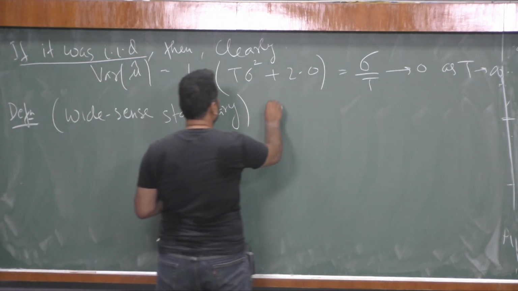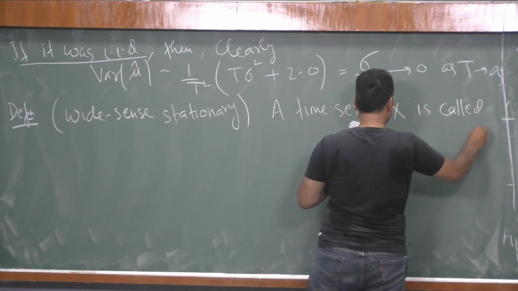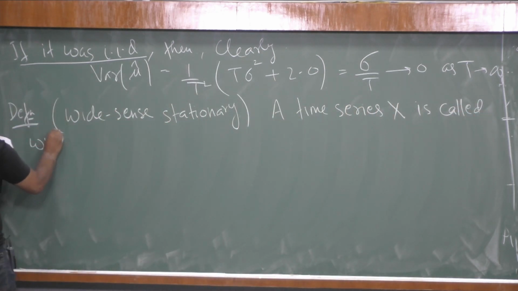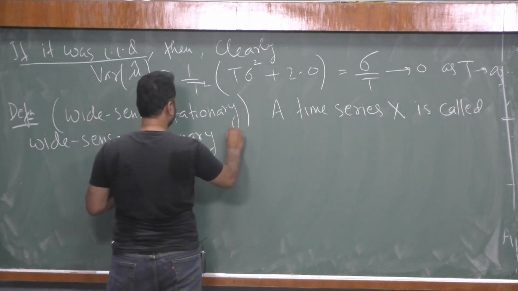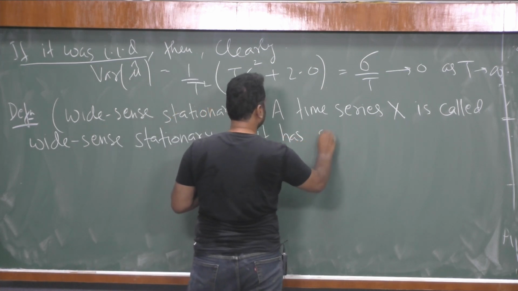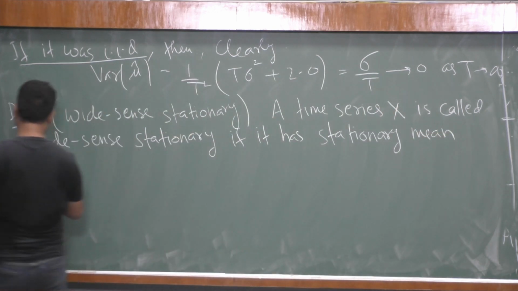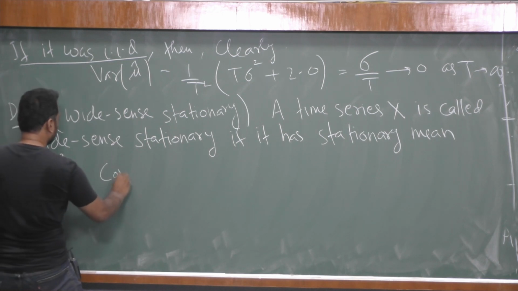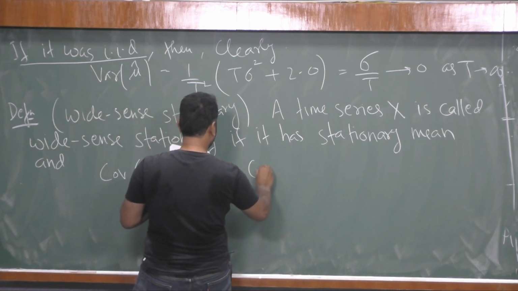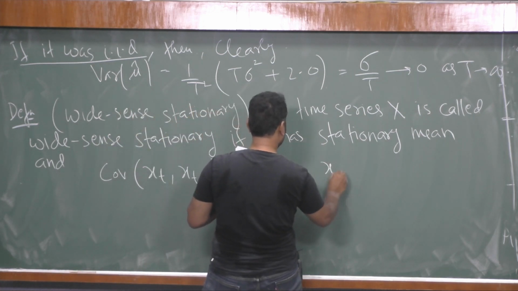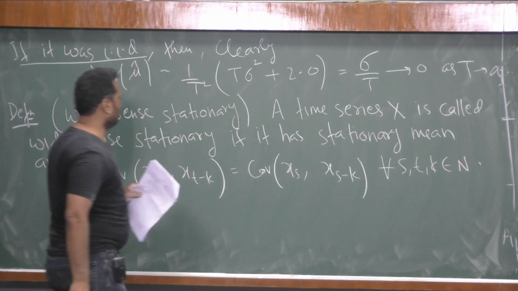So a time series X is called wide sense stationary if it has stationary mean and covariances are given by... So this is a unique property that we are asking for.